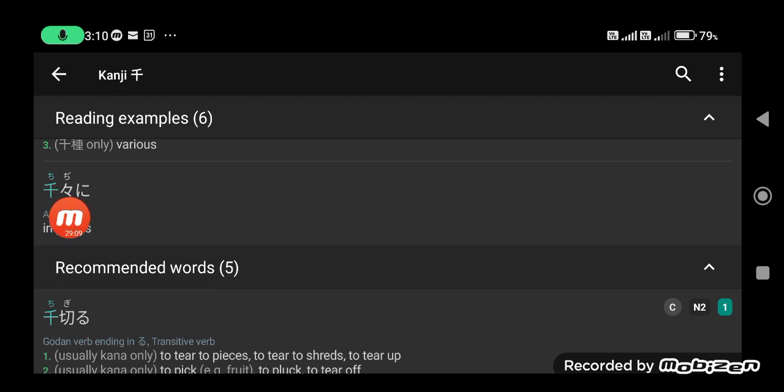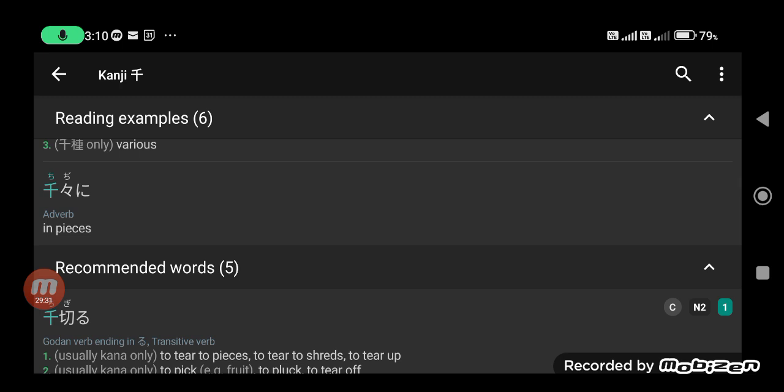So instead of doubly writing this sen, if you put a noma repeater here, the reader will understand that this kanji is to be doubled. And the second one receives a dakuten form. So the dakuten form for chi is ji.